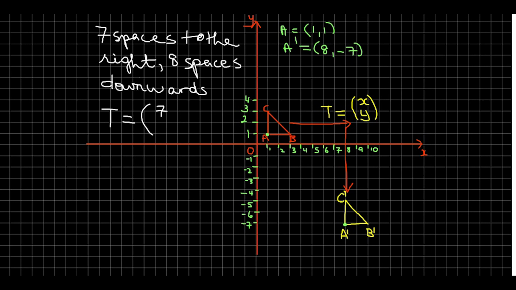So maybe when I show you the other way in which you could get your translation vector using the coordinates of the points, it might make a little more sense, and it wouldn't be so confusing.